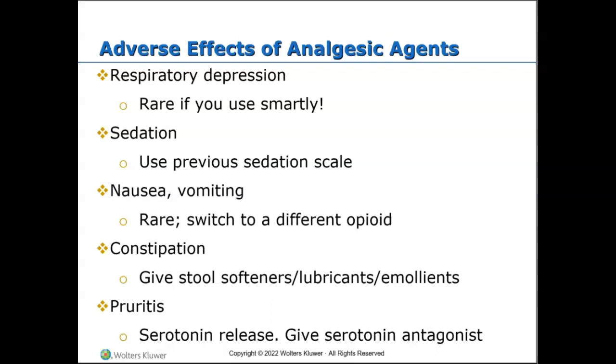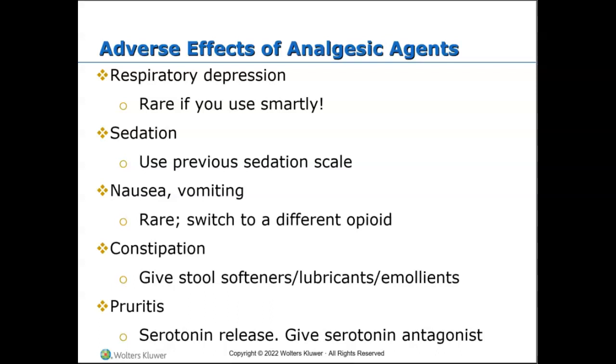I should say, just have them take a stool softener prophylactically and drink plenty of water to keep the bowels moving. And then we also will get a PRN order for a lubricant or emollient enema, so that if they get bound up, they can get the bowels moving, because we got to have bowels moving, right?